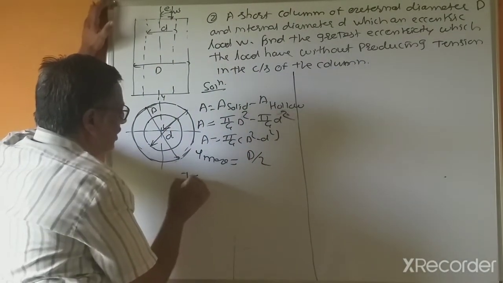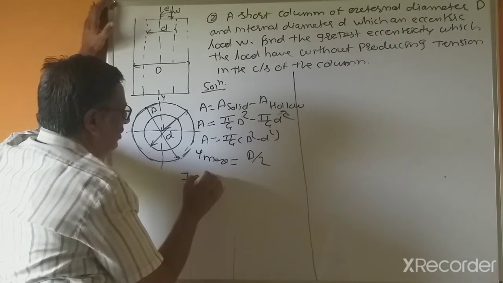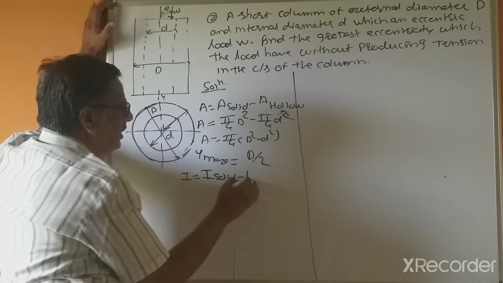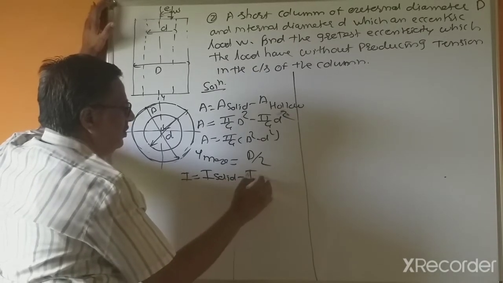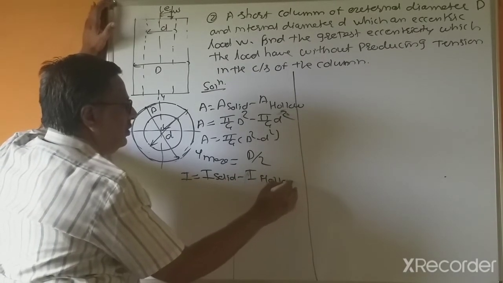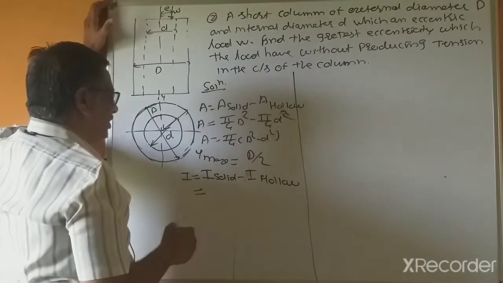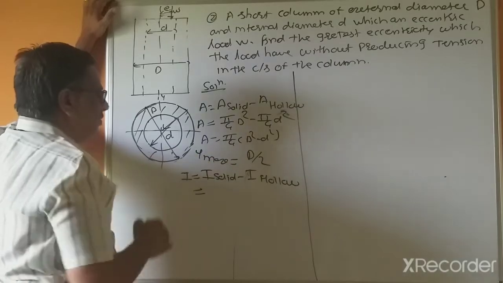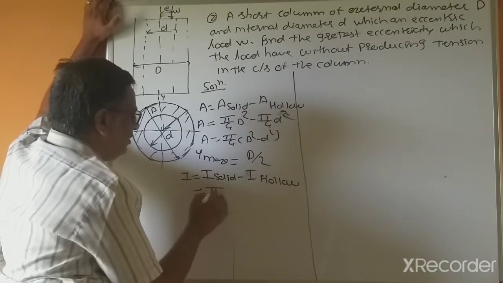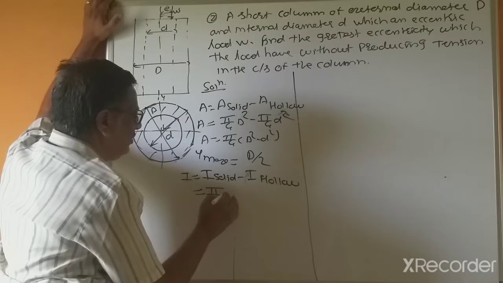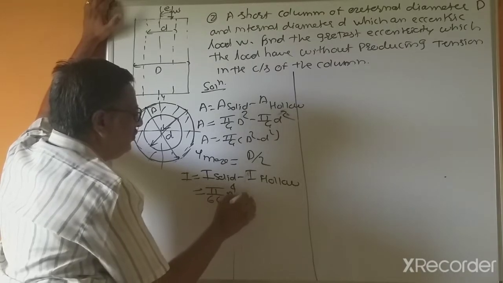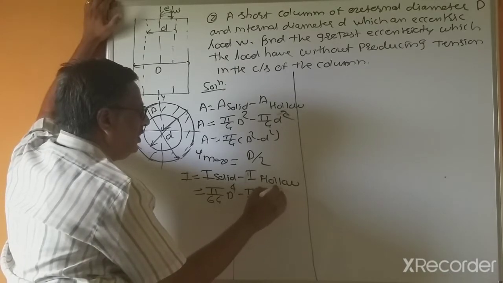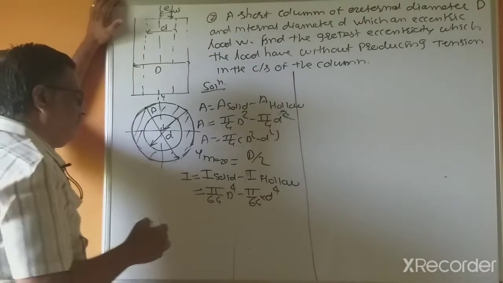Now moment of inertia equal to solid minus hollow. Both of these are circular sections. That's why this is pi by 64 capital D raised to 4 minus pi by 64 small d raised to 4.